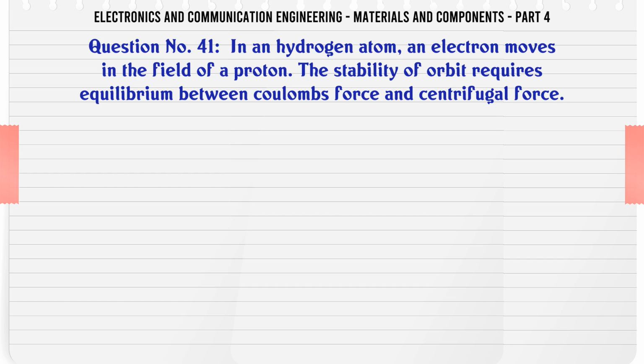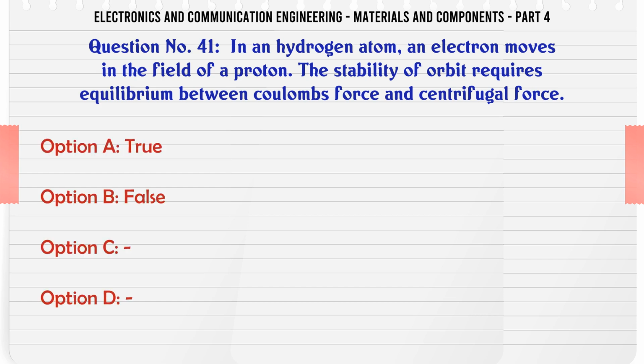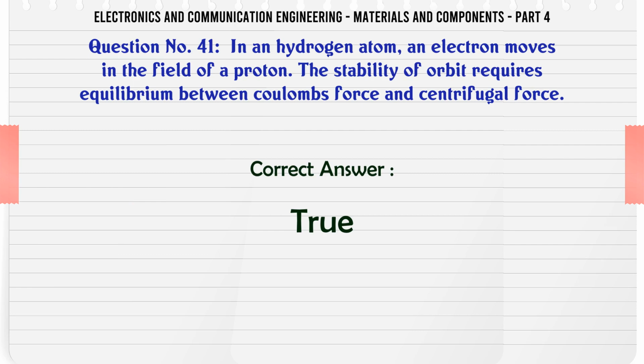In a hydrogen atom, an electron moves in the field of a proton. The stability of orbit requires equilibrium between Coulomb force and centrifugal force. A. True, B. False. The correct answer is true.